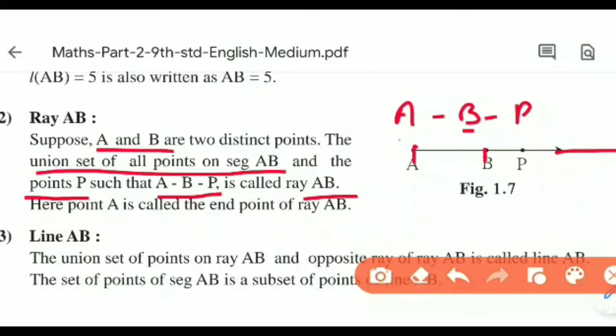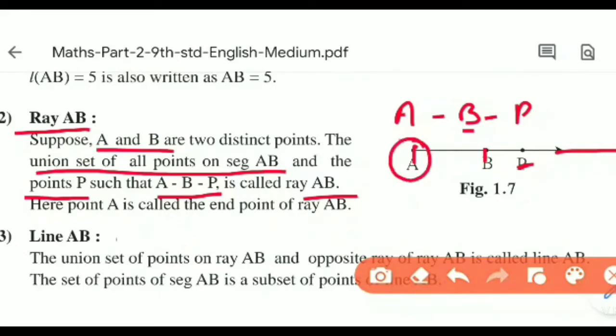We can extend it, and all the points are included in the union set of seg AB plus all the points P, wherever it may be. We can extend it as much as we want, and that many points are included in ray AB. Point A is called the end point of ray AB, so it has only one end.